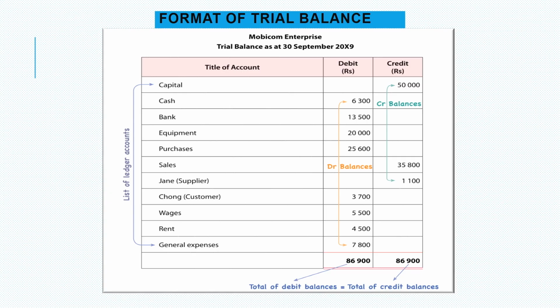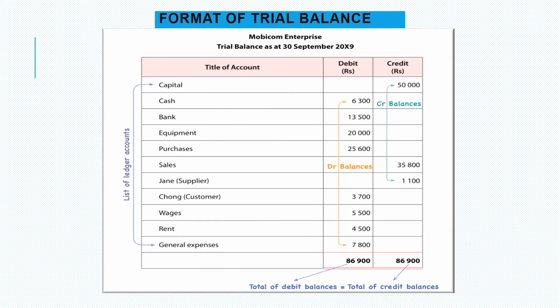In the title of account column, the different list of ledger accounts is written. For example, capital, cash, bank, equipment, among others.